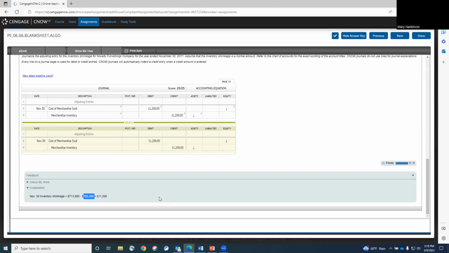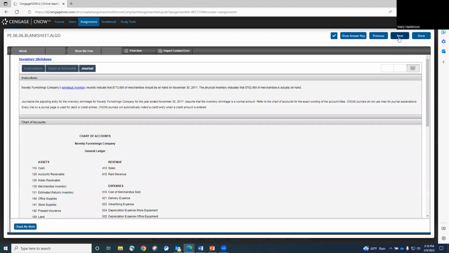So you have to now get your ledger to match what you physically have. That's why we credit your merchandise inventory account. You're reducing this balance right here, so it will reflect the balance you actually physically have on hand. Okay, so that is it for that problem.